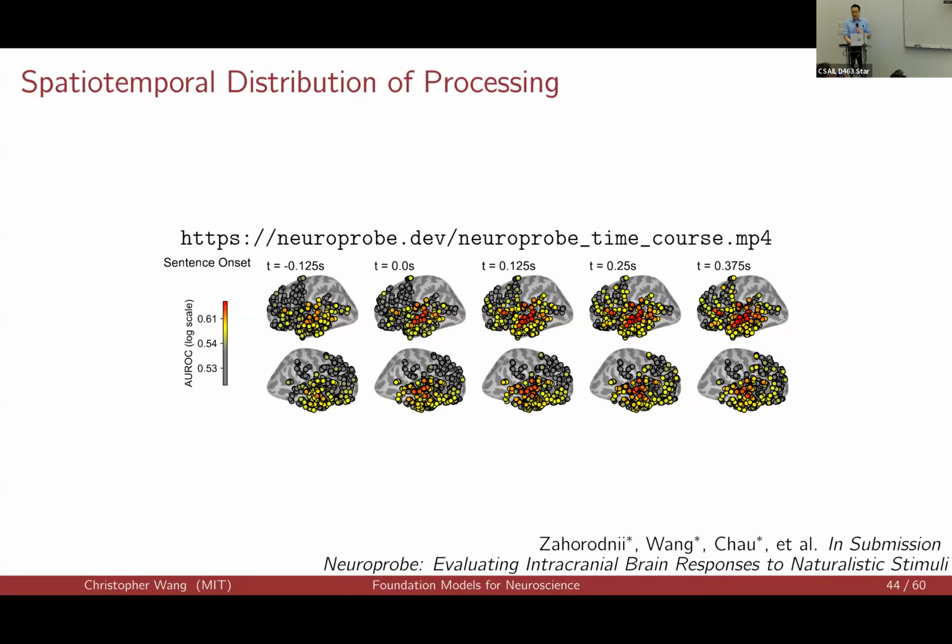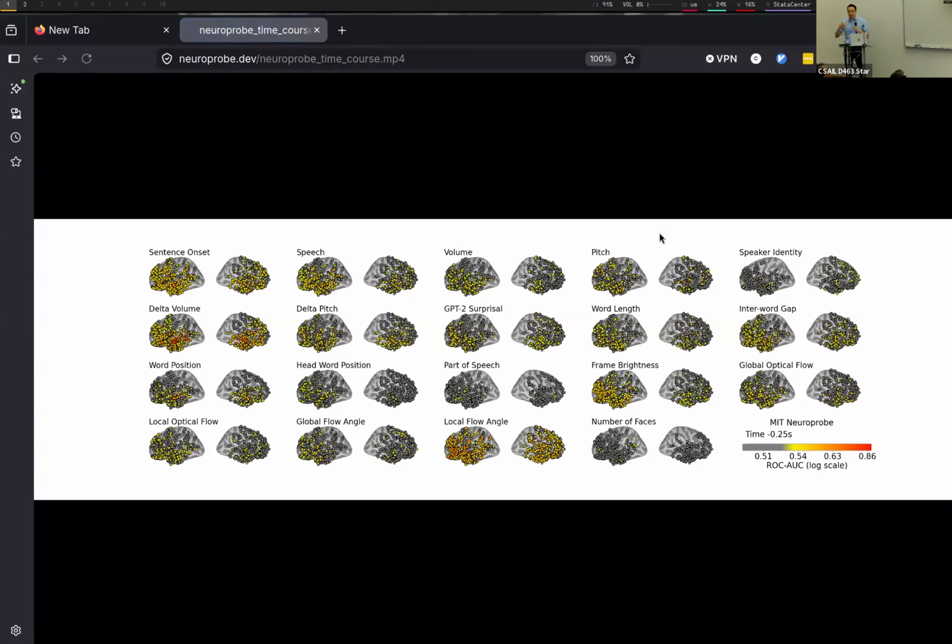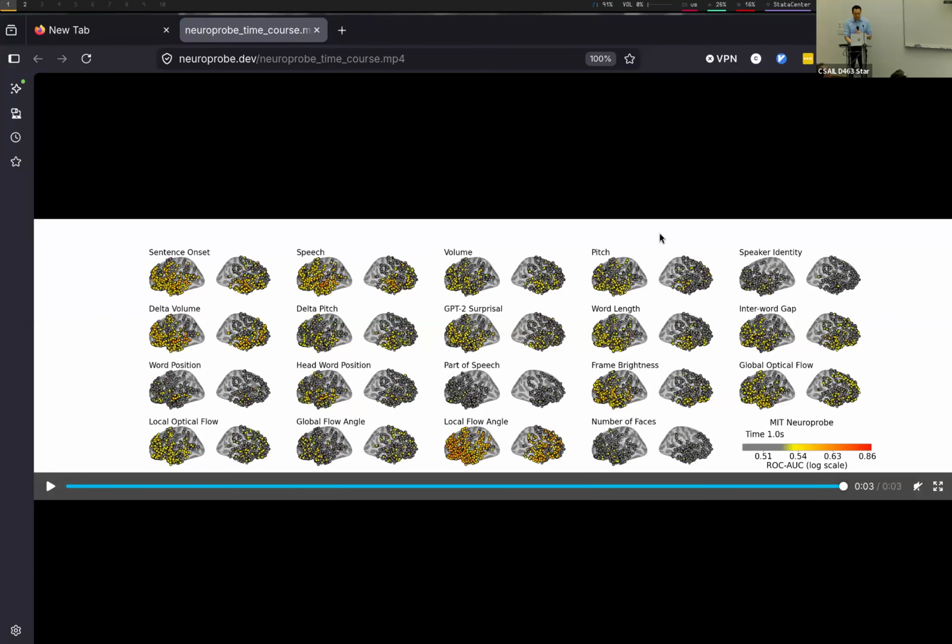And as time goes on, it becomes more decodable later in the frontal lobe, maybe where something more abstract is happening. And just for effect, I like to show the time evolution of all these tasks playing at once as a movie. That went really fast, so I'll play it again.